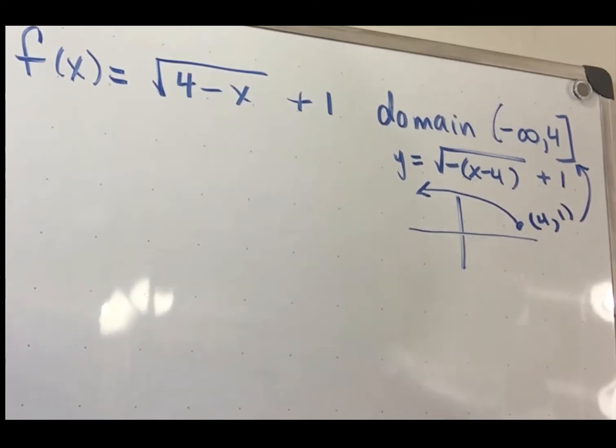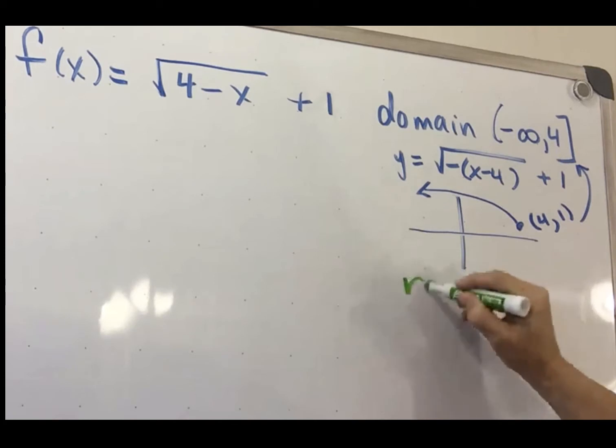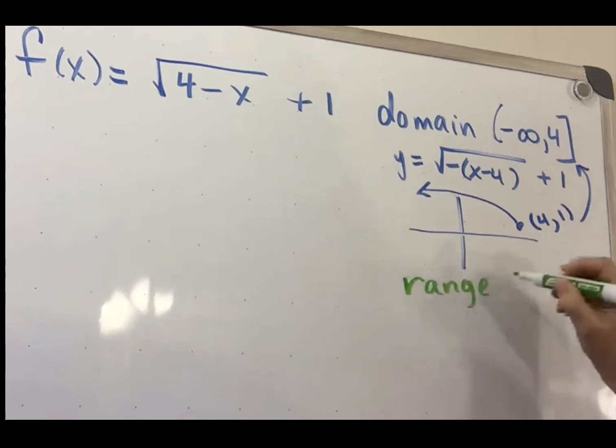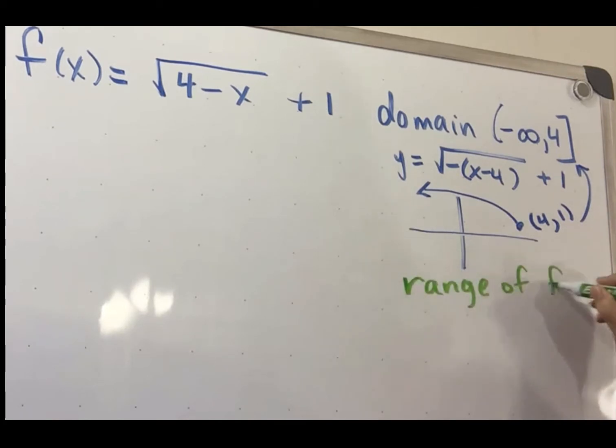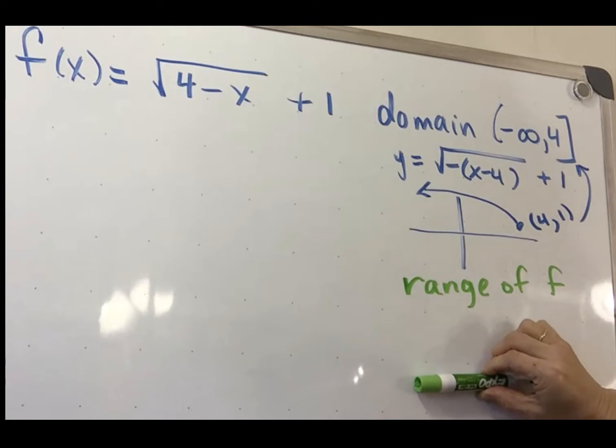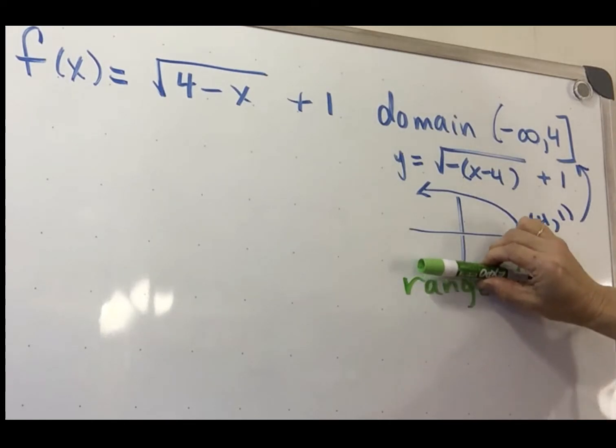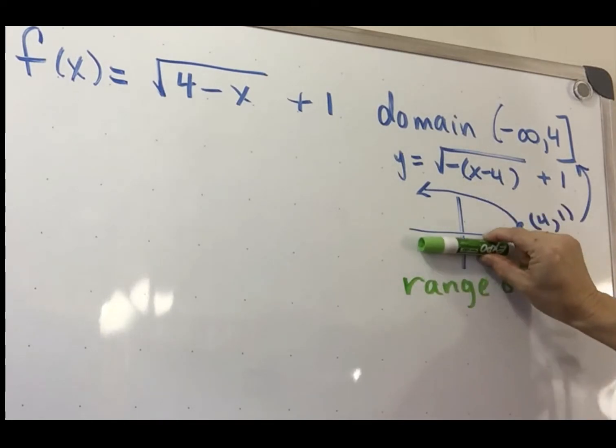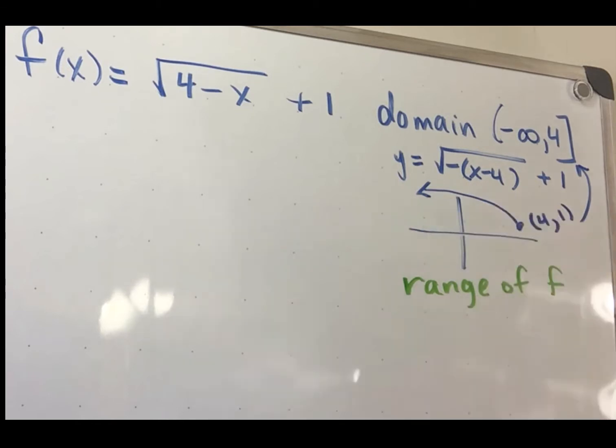But even more importantly, I'm going to go ahead and change colors here. My range, and I'm going to be careful, the range of f. Do I know what that is? So I'm looking at the y-axis, going up. Is there a first point to hit the graph?